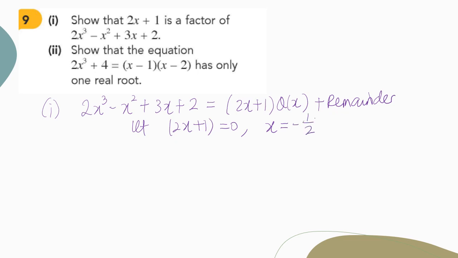Right, so on the left hand side we would have, substitute all your x with negative half, and the right hand side will be just the remainder that we need to find.